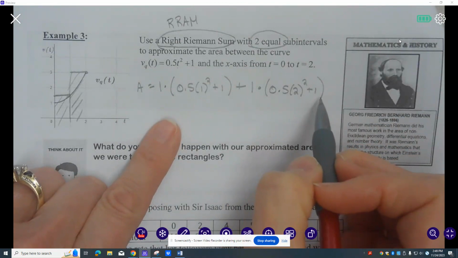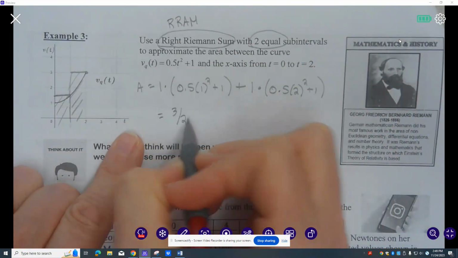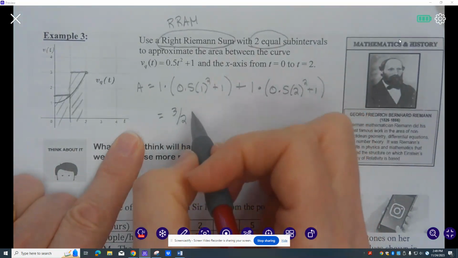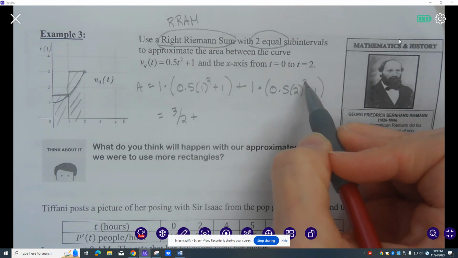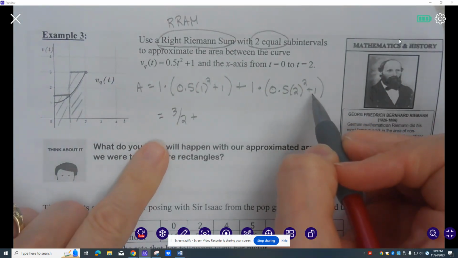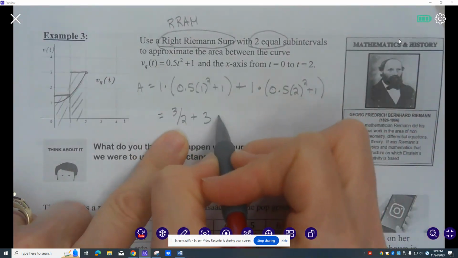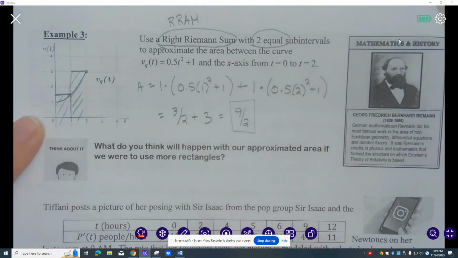So that's height of rectangle number 2. The first one we know from before is going to be 3/2. And the second one will be, this is 4, half of 4 is 2, 2 plus 1 is 3, so plus 3, so that's going to be 9/2. And this one you can see is an overestimate.